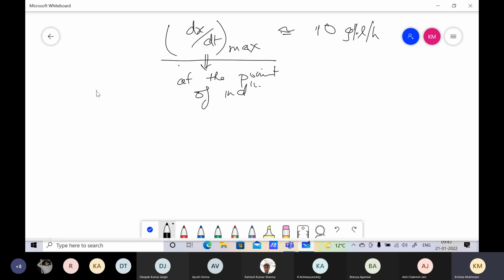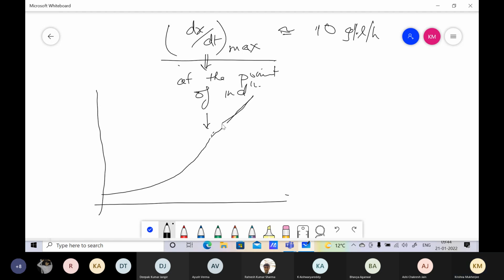Bad drawing. My question to you was very simple. If this is the growth profile, notice it is increasing, then at the point of induction becoming linear, same slope, rather than going like this. This is how the biomass is going.